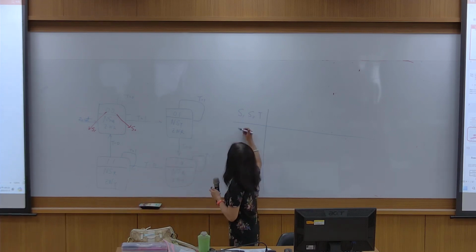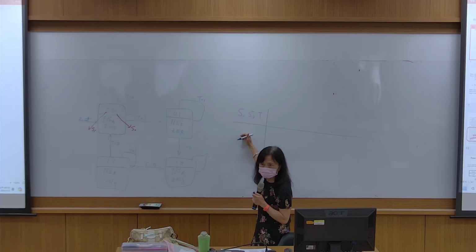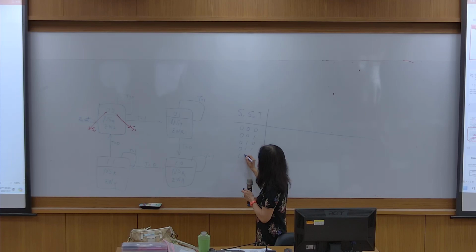And tell me the answer. List them. What are the 8? 0, 0, 0, 0, 0, 1, 0, 1, 0, 0, 1, 1, 1, 0, 0, 1, 0, 1, 1, 1, 0, 1, 1, 1.